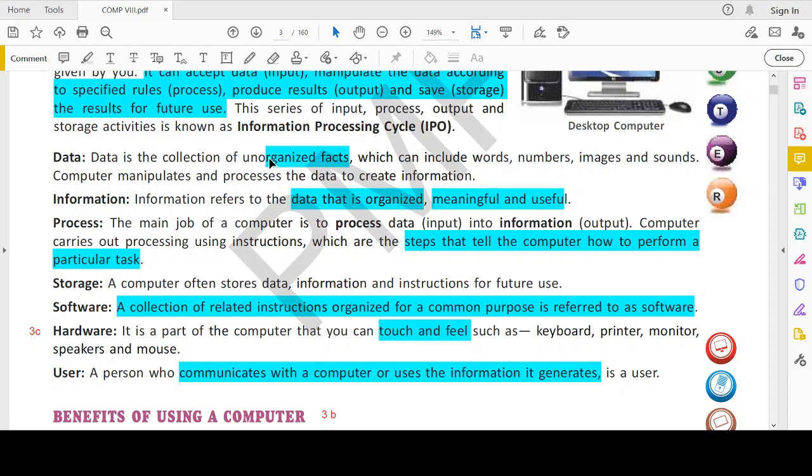If I write kilometer instead of kg, it will be a distance. If I write rupees instead of kilometer, it will be some amount of money. So mere facts, mere figures will not represent or have any meaning.